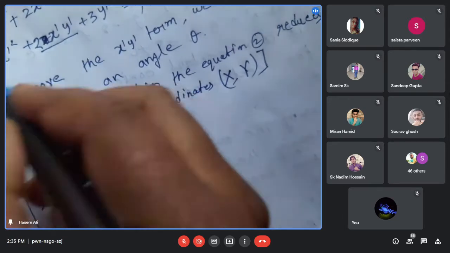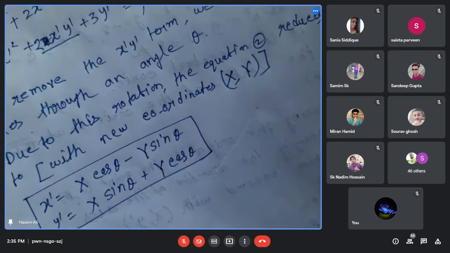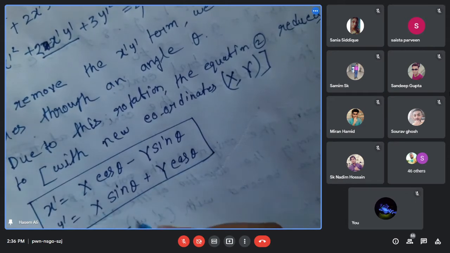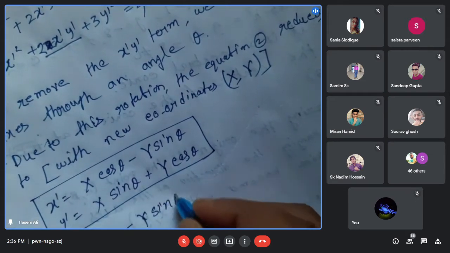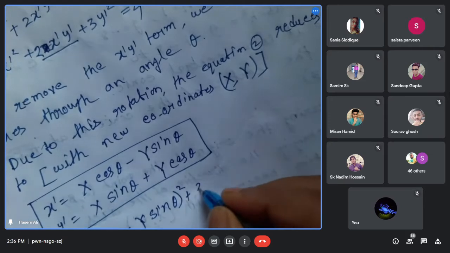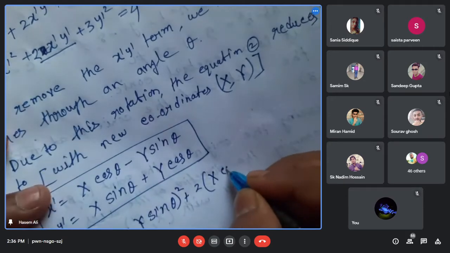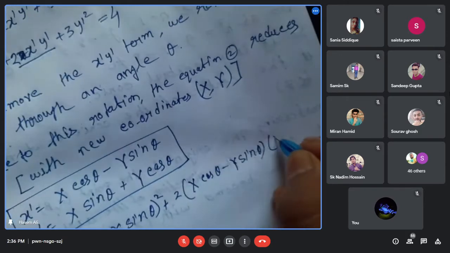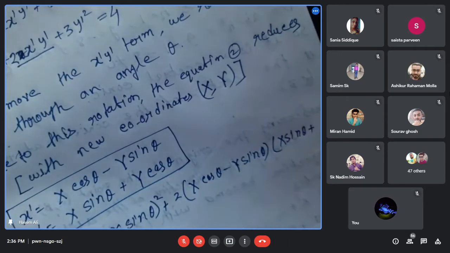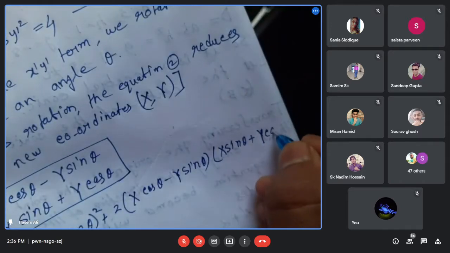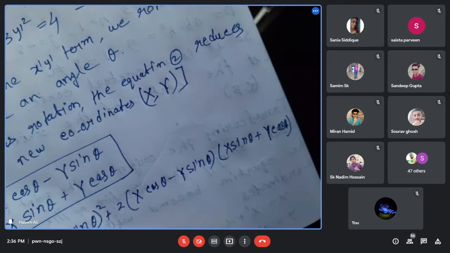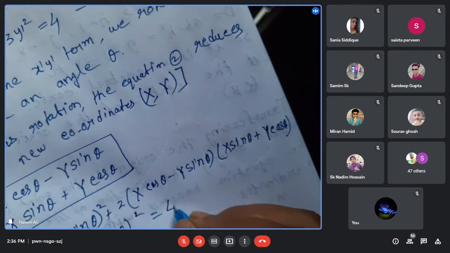For this problem, the equation reduces to 3 times (x cos theta minus y sin theta) square plus 2 into (x cos theta minus y sin theta)(x sin theta plus y cos theta) plus 3 times (x sin theta plus y cos theta) square equals 4.